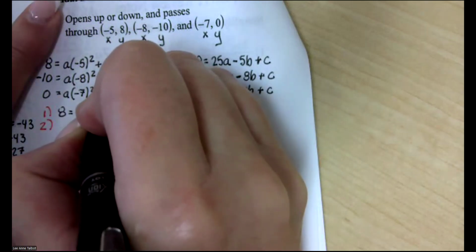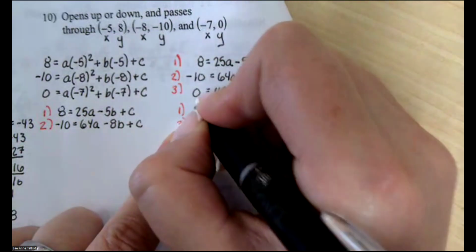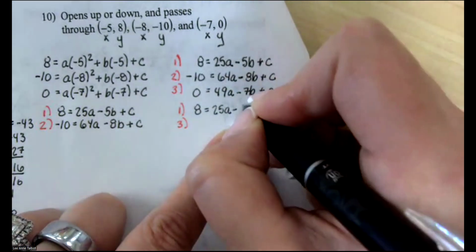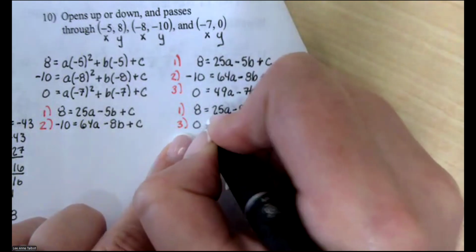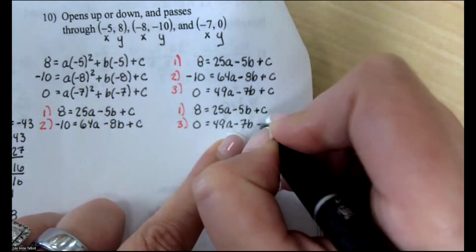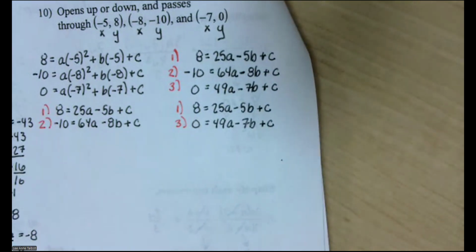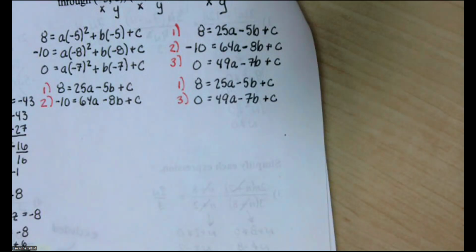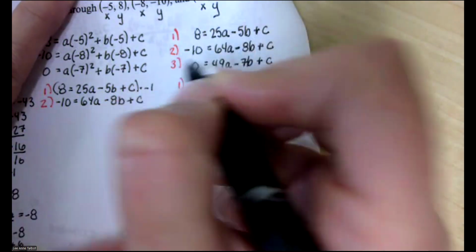Okay. Okay, what's the next step? Multiply the tops by -1. Write it underneath.